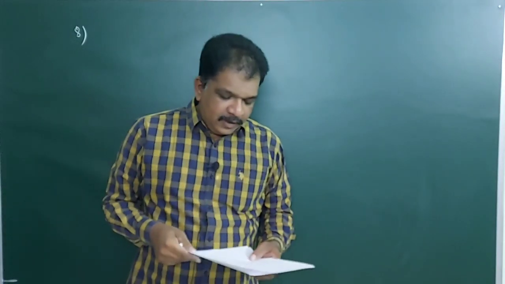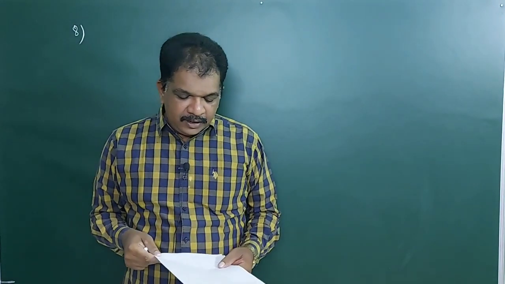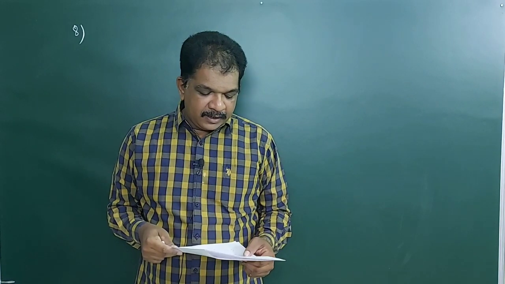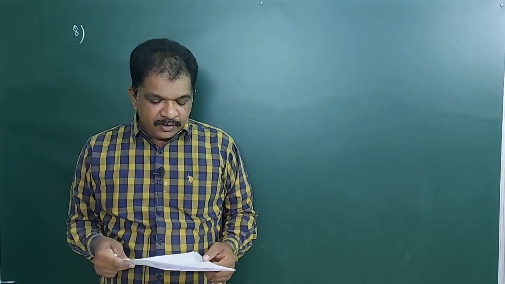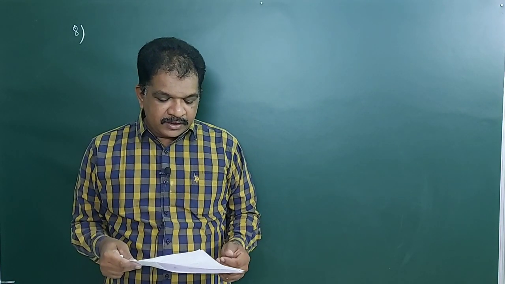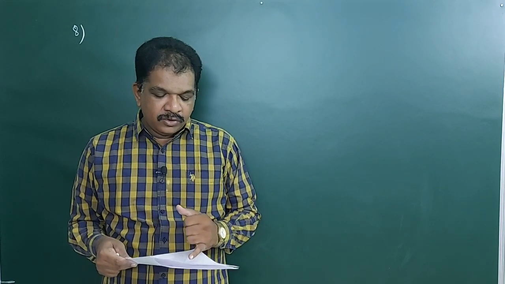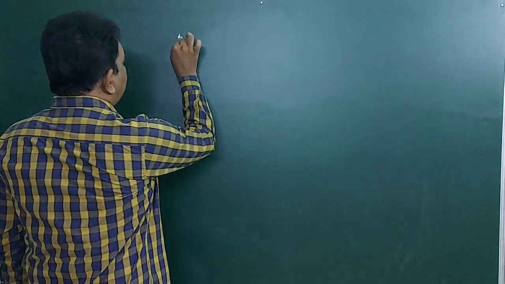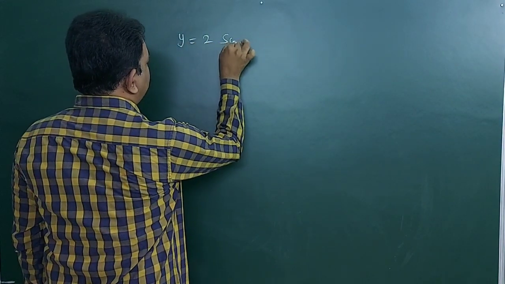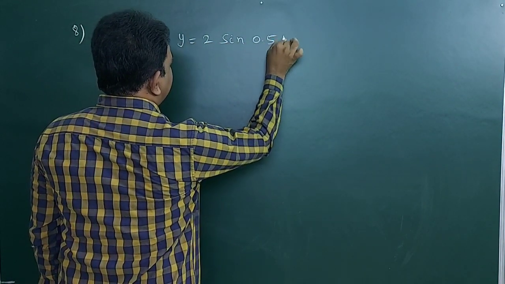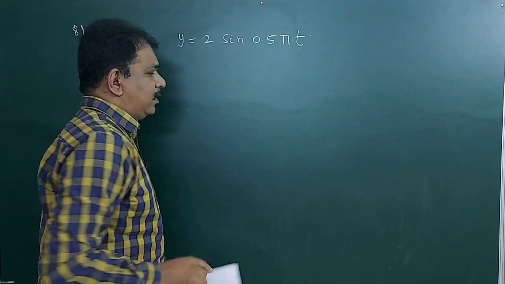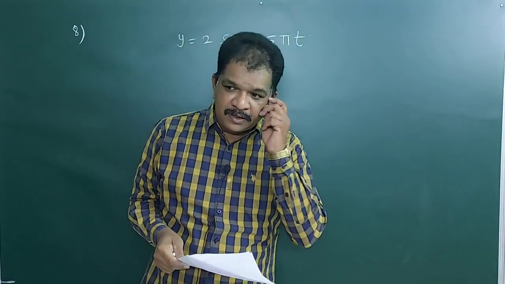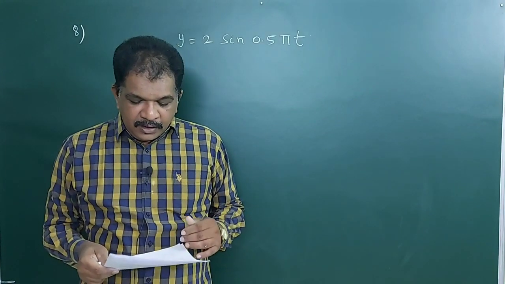Okay. The displacement y of an oscillatory particle varies with time according to the equation y is equal to 2 sine 0.5 pi t. That is the displacement of a particle.